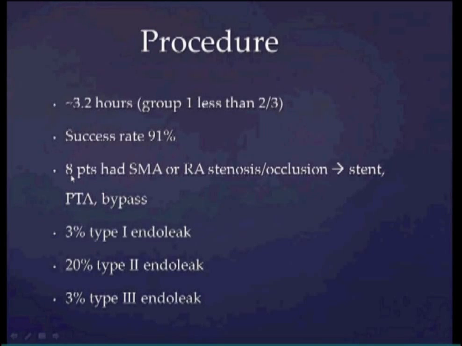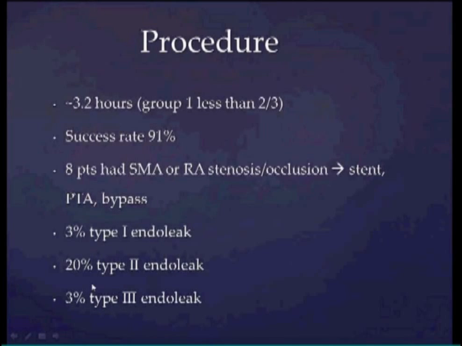And only a minority of patients, just 8 patients out of 270, had SMA or renal artery stenosis or occlusion requiring stent placement or angioplasty or bypass. And then about 3% had type 1 endoleak, about another 3% had type 3 endoleak, and 1/5 of the patients had type 2 endoleak in the early follow-up period.